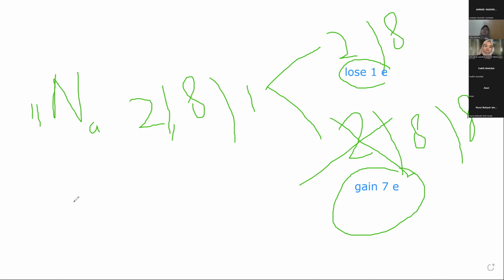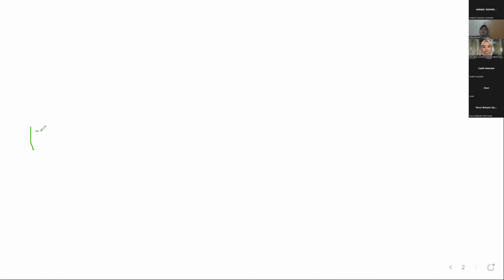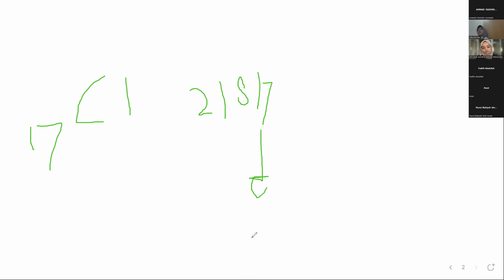It's similar with Cl. Take Cl as an example. Cl is 17, so 2, 8 and 7. To complete the octet rule, the valence electrons must be 8.